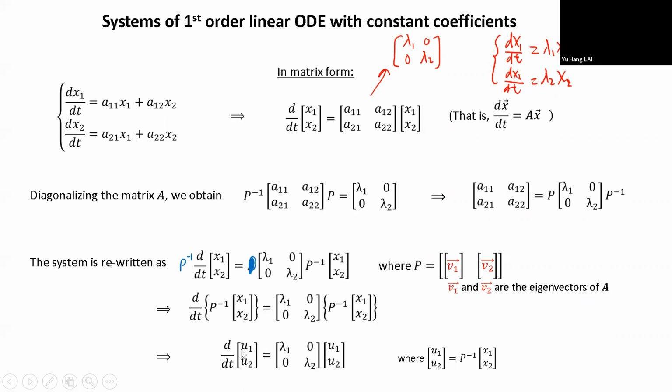At this point, we can immediately solve for U1 and U2. After we solve for U1 and U2, the easy job is to transform back to X1 and X2. Then we are able to solve the original problem.